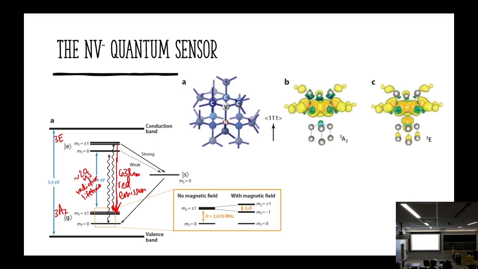The alternative mechanism of relaxation is an intersystem crossing. So we can go from E, which is a triplet state, over to this singlet state via intersystem crossing. So intersystem crossing is moving from a state of one spin multiplicity to a state of another spin multiplicity.